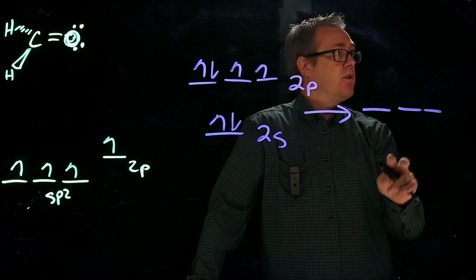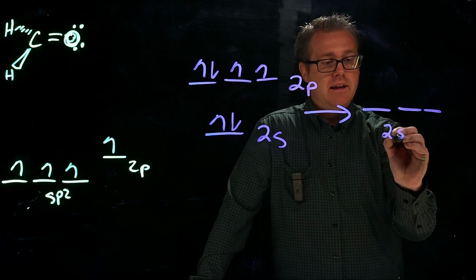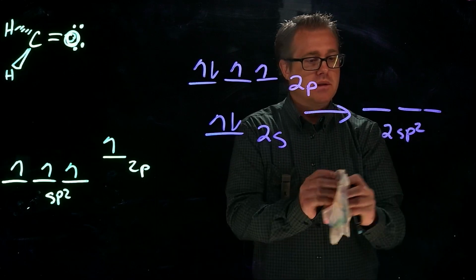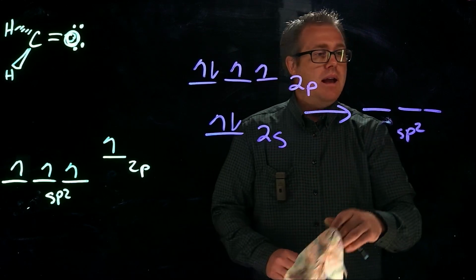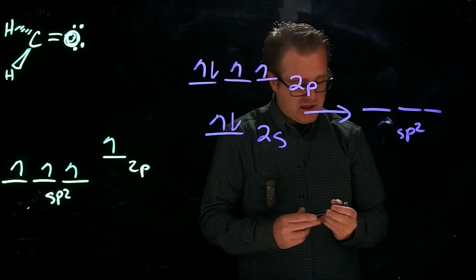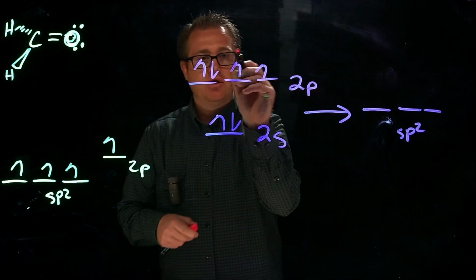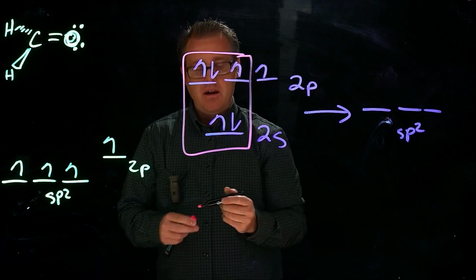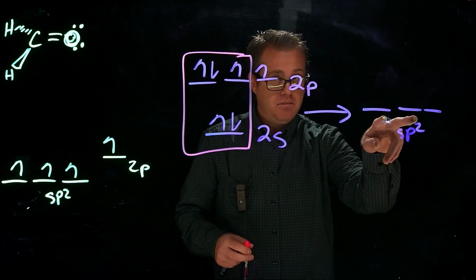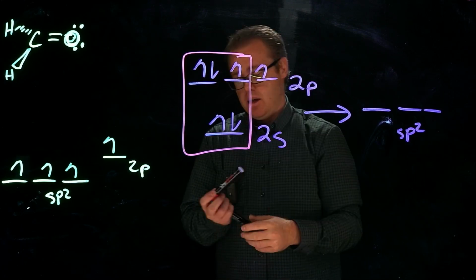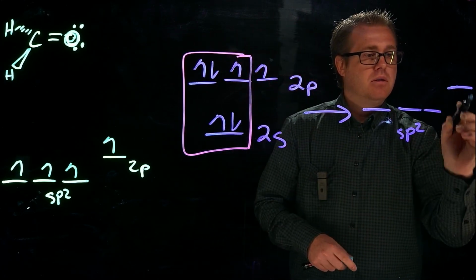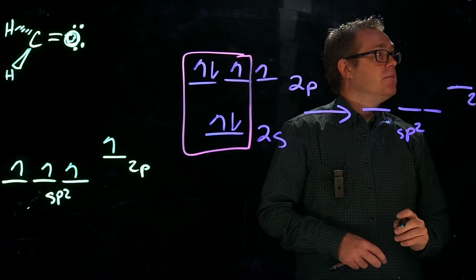So that means we're going to have 2 sp2 orbitals right there, and one of them was not touched. So we just took those right there and hybridized them, and we left this guy alone. So there's our 2p.